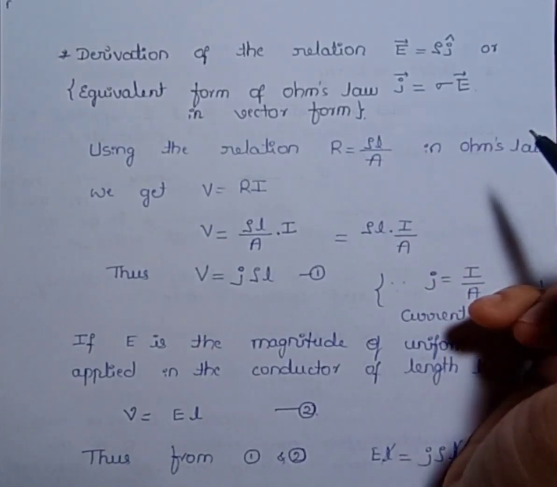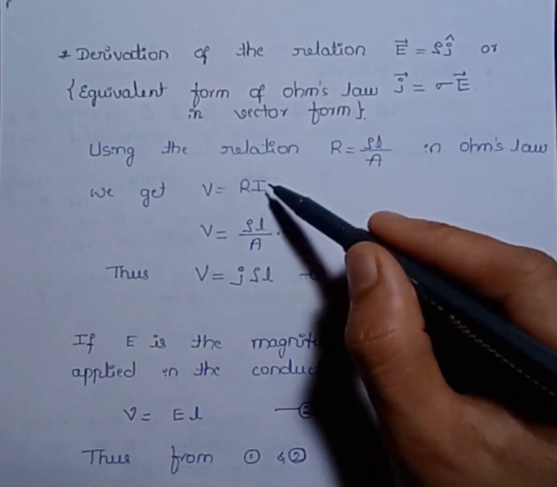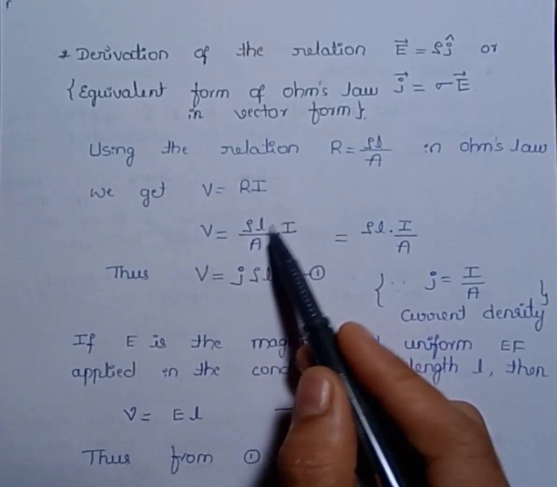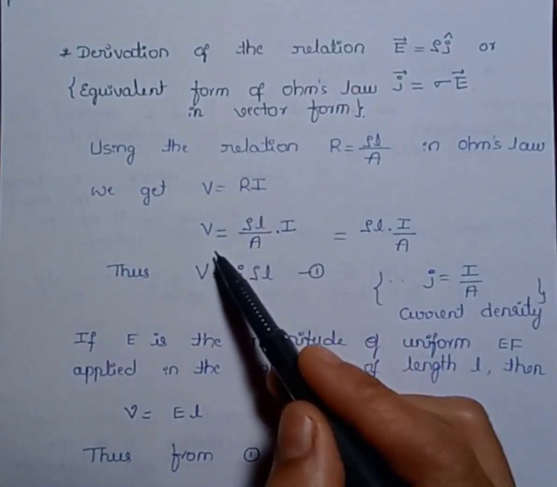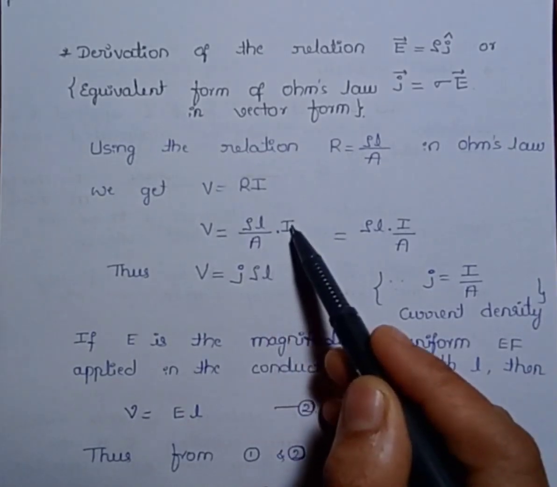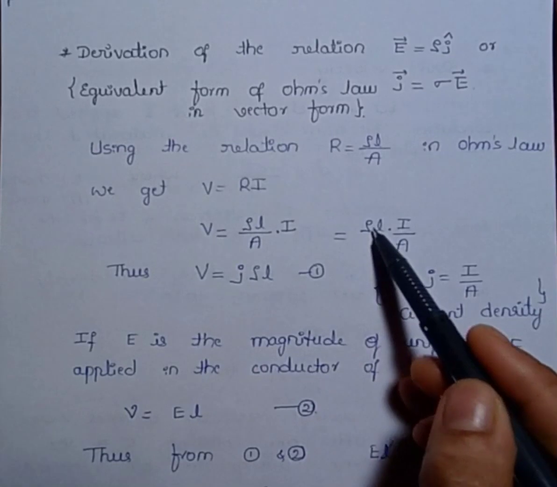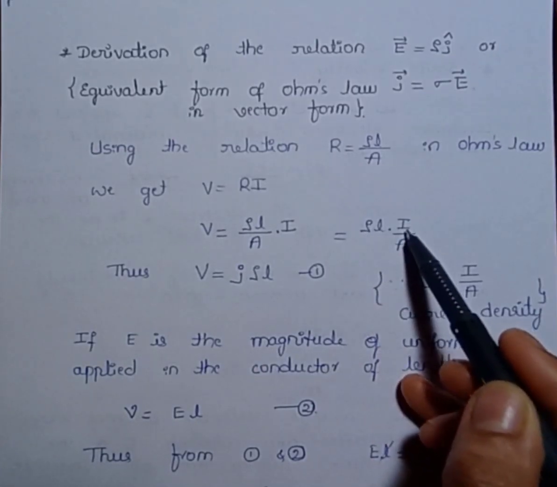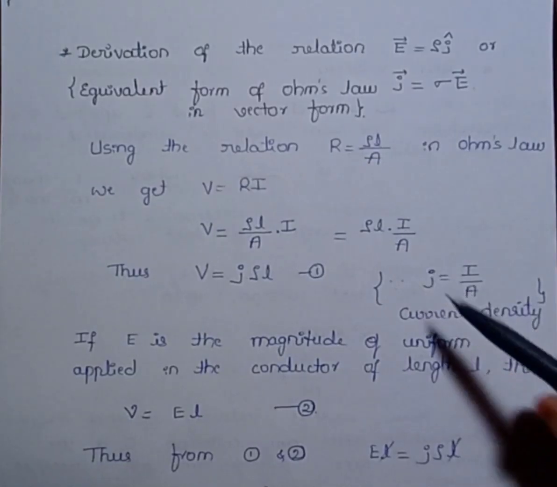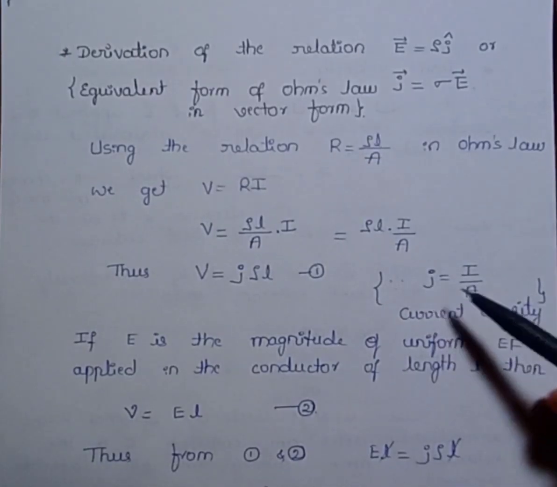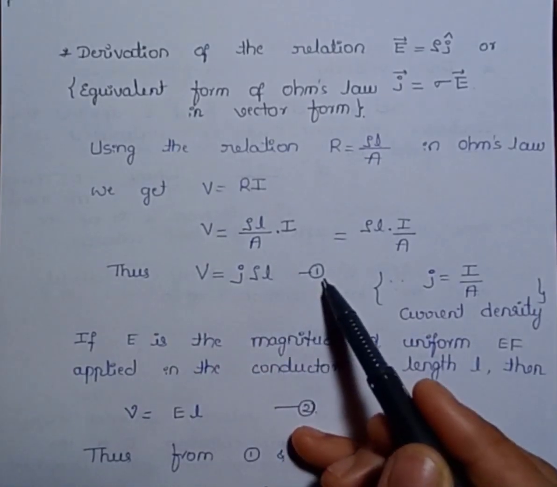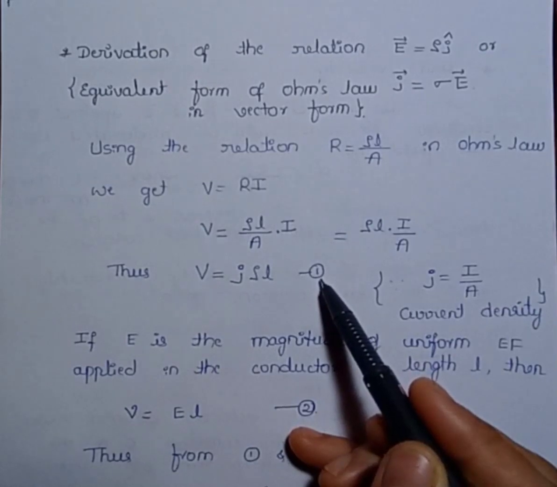Means according to Ohm's law, V is equal to R into I. Just substitute the value of R in the Ohm's law expression, then V is equal to rho L divided by A into I. It becomes rho into L, I divided by A. Here I divided by A gives the value of current density J. Therefore, V becomes J into rho L. Let us take this as equation 1.